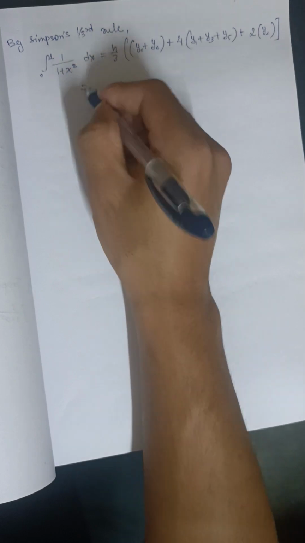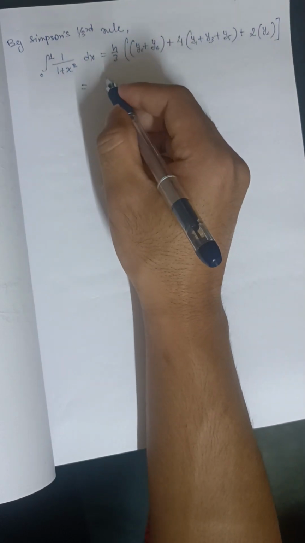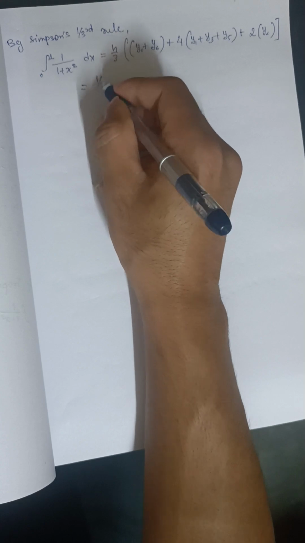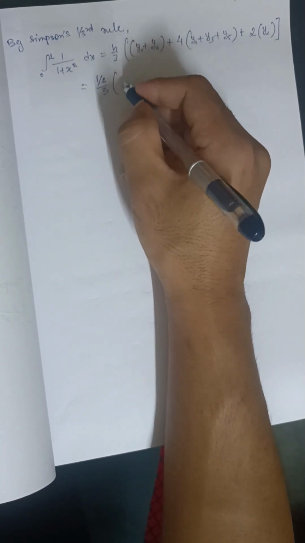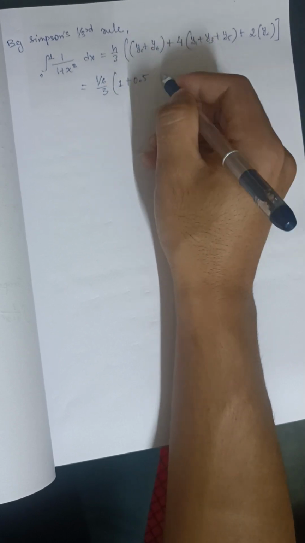So now let's put all the values here. h we've got 1 by 6. And y0 we've got 1, and then our y6 we've got 0.5.